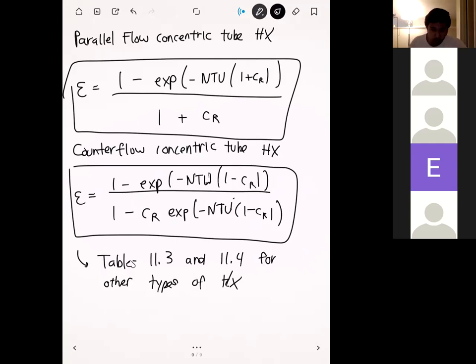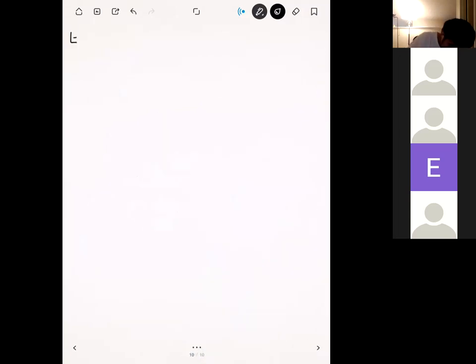All right, let's do one last example just to drill home these concepts and show you how to use this NTU effectiveness method. Let's say that we have a heat exchanger made of copper.